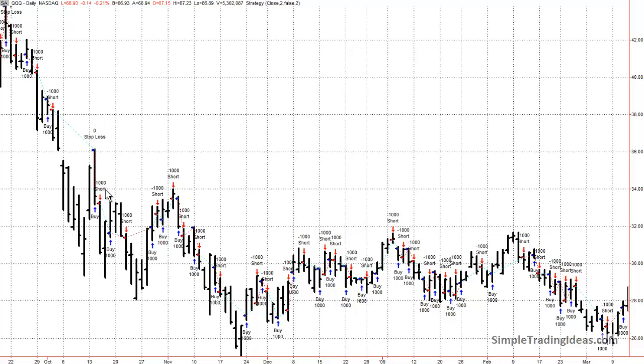So it'd be right about here. As you can see, the price went down, and it actually hit the stop loss point. We were stopped out for approximately a $2 per share loss.